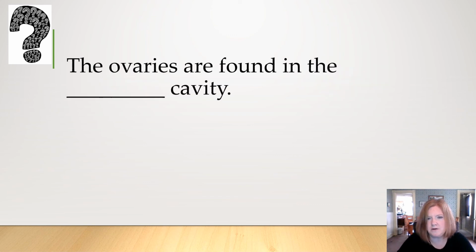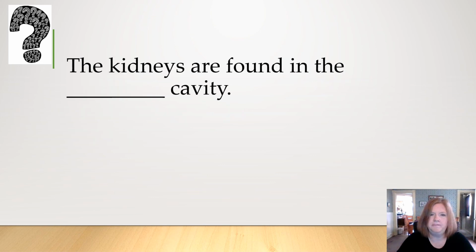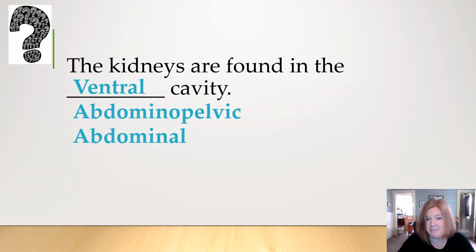And the ovaries are found in what cavity? Well, that would be ventral or abdominal pelvic in a broad sense, but most specifically, it's pelvic. And what about the kidneys? Again, that's ventral and abdominal pelvic, but most specifically abdominal cavity.